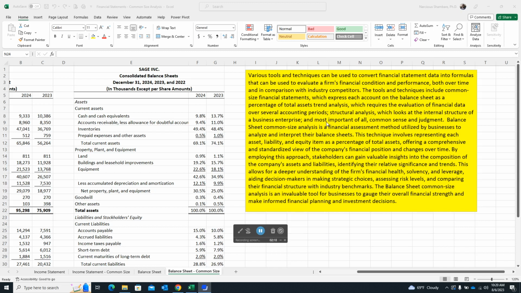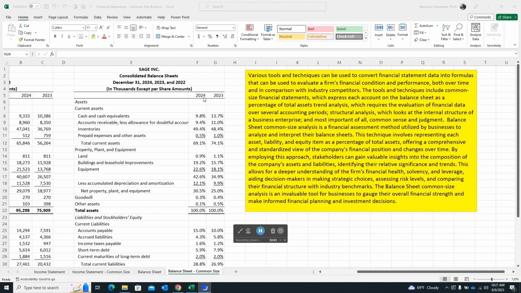So again, this technique involves representing each asset, liability, and equity item as a percentage of total assets, offering a comprehensive and standardized view of a company's financial position and changes over time, especially if you run that over a number of years. So here we have a balance sheet for a sample organization. It's just hypothetical numbers here, right?